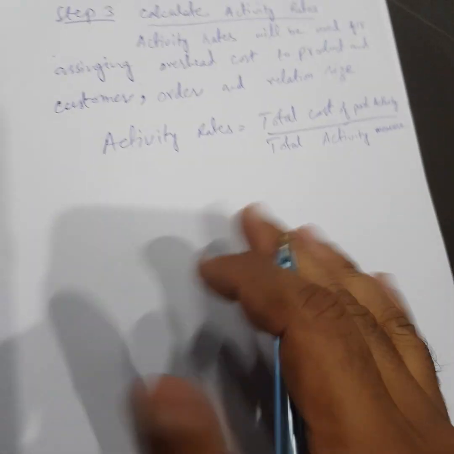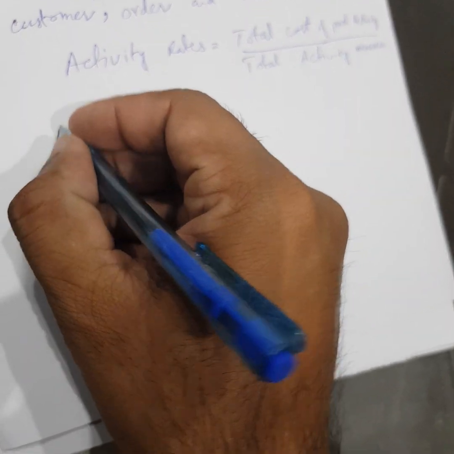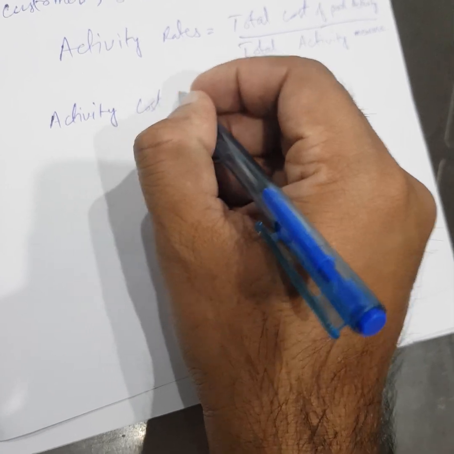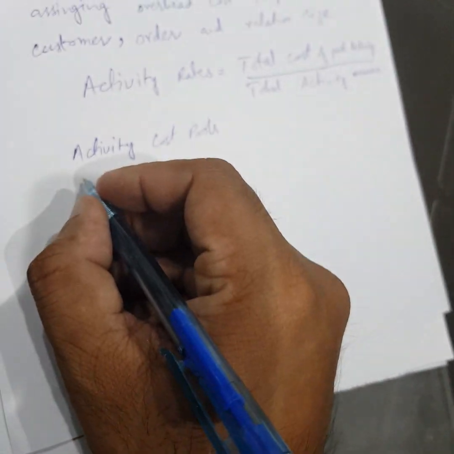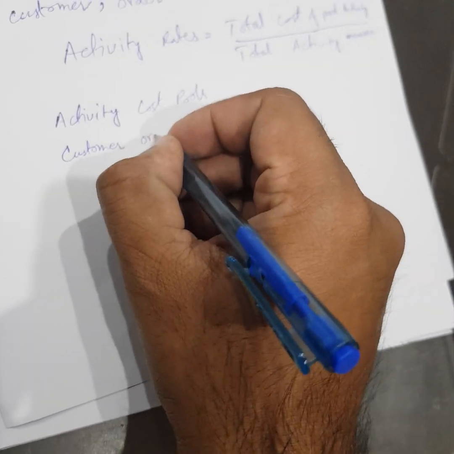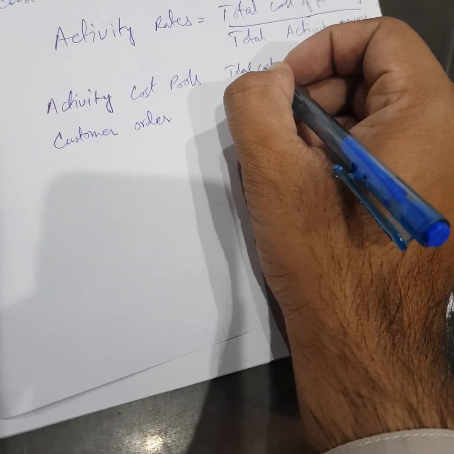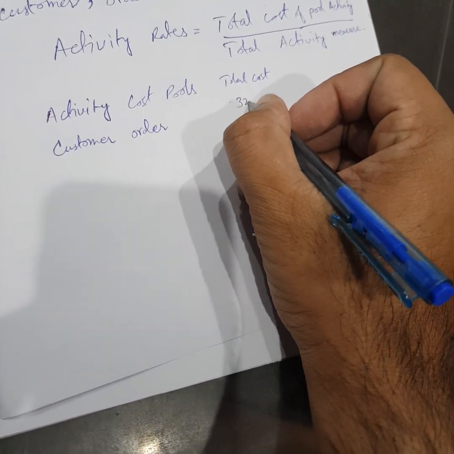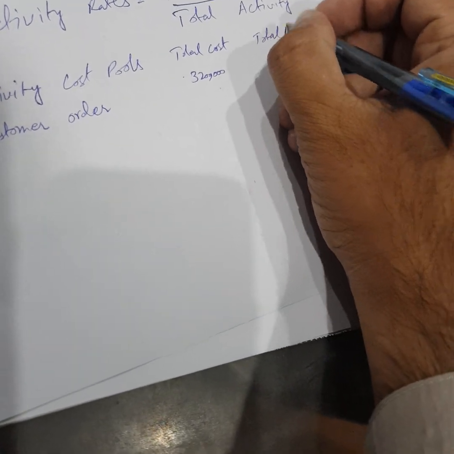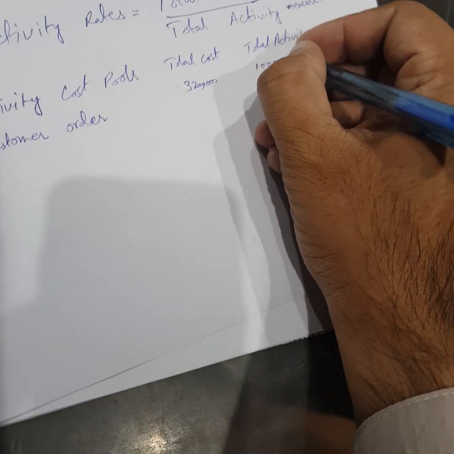For example, if we take the activity cost pool, the first one was customer order. The total cost was 3,20,000, and the total activity done, or the total orders received, was 1,000.